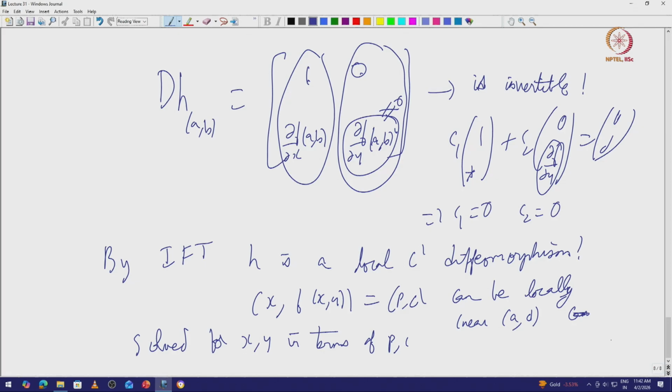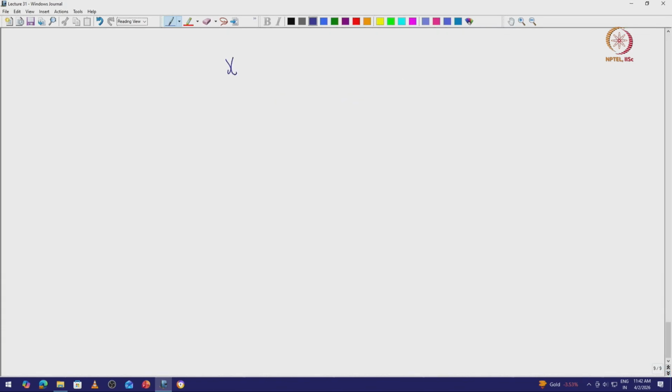In other words, you can basically solve this as a C1 function.